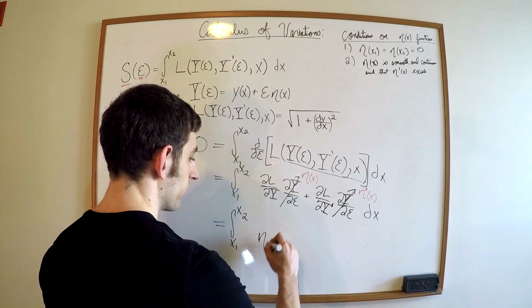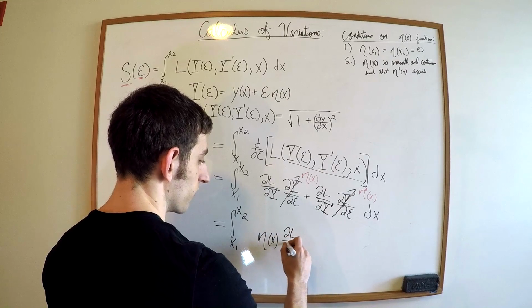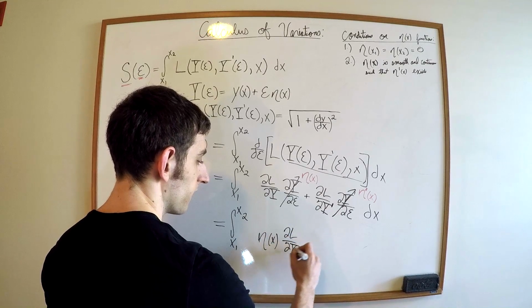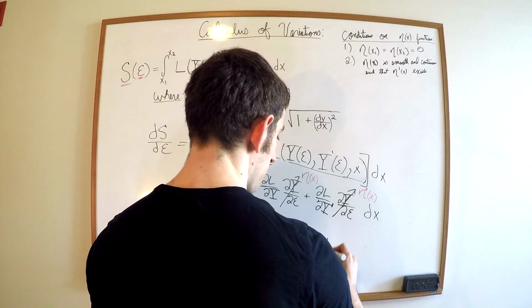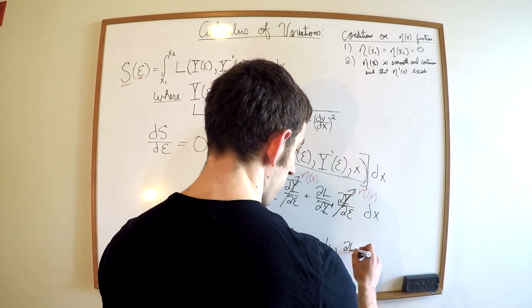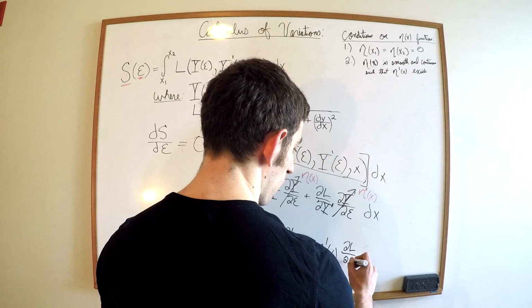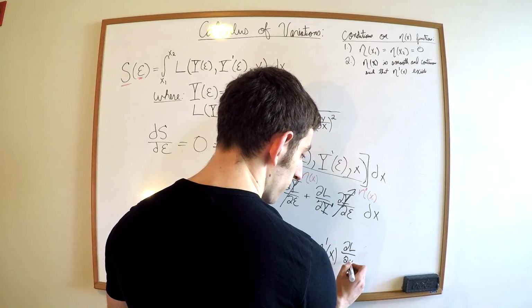We end up with eta sub x times the partial of L with respect to y plus eta prime sub x times the partial of L with respect to y prime. So we end up with this guy here.